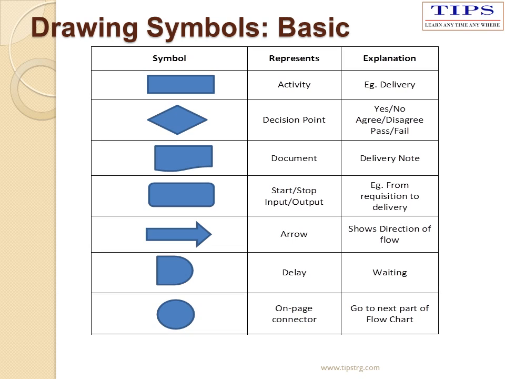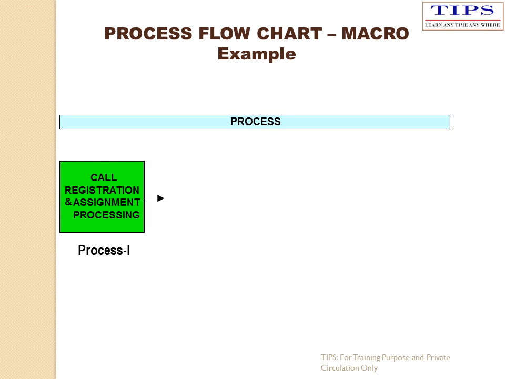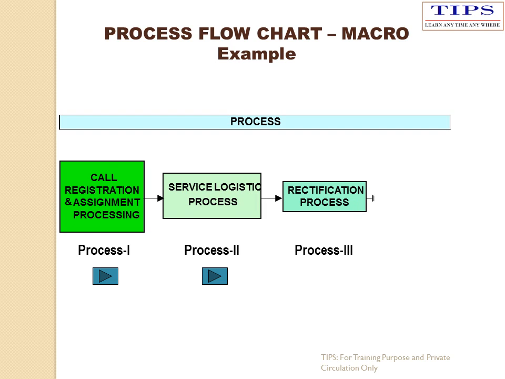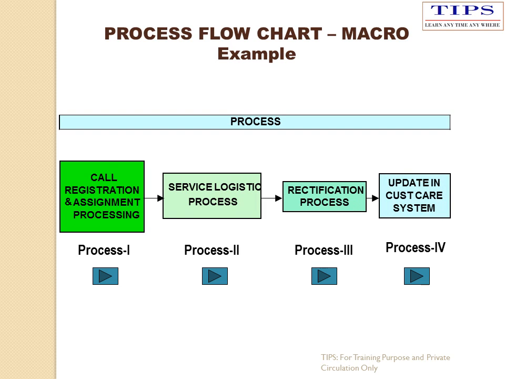Similarly, there are other shapes used to represent particular activities or happenings, for example, the delay, which is an example of waiting. This is a typical process flow chart, a simple flow chart example for call registration to attending the customer.